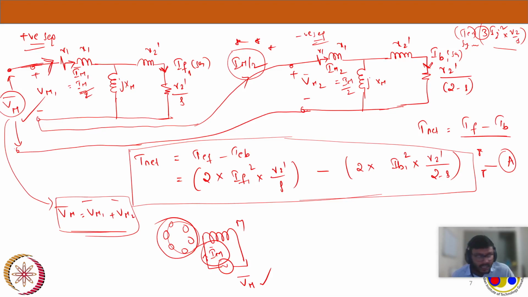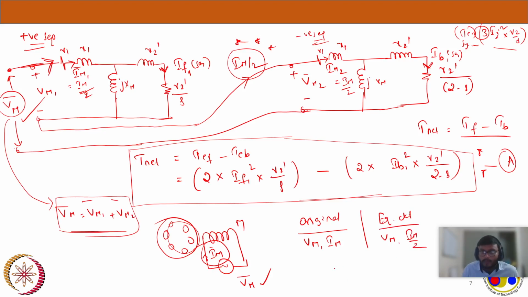If we can somehow make this current IM by 2 as IM, so if we want to double the current, then my equivalent circuit will have no problem. Everything will match, everything will be okay, and I will also be happy with it because my original circuit has components like VM and IM, but my equivalent circuit has VM but IM by 2.